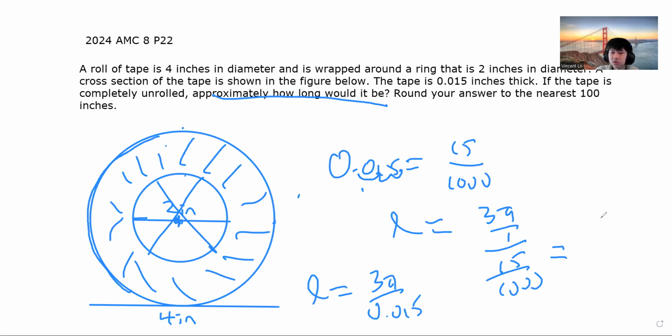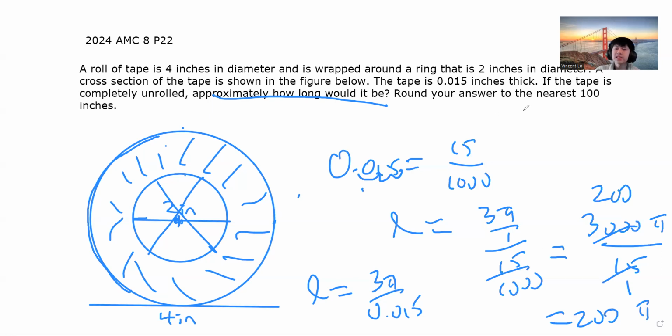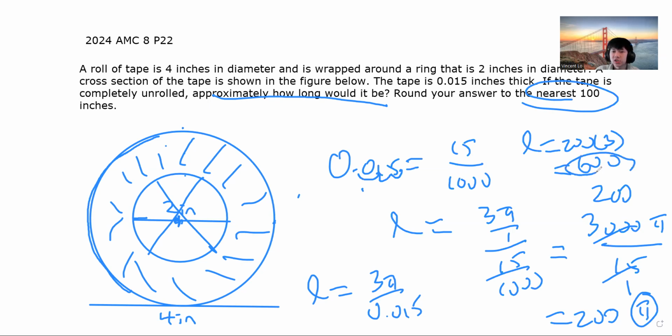This is equal to 3,000 pi over 15, and we can cancel this out. We get 200, so the length is equal to 200 pi. Since we wanted to round it to the nearest 100 inches, we can simply approximate pi as 3. So the length is equal to 200 times 3, which is 600. So the answer is 600 inches.